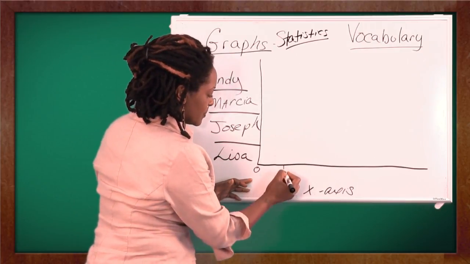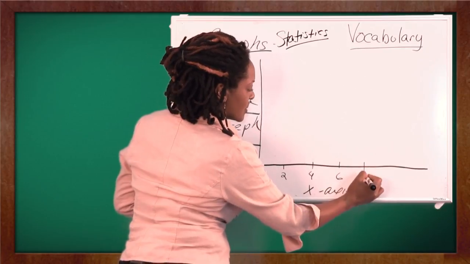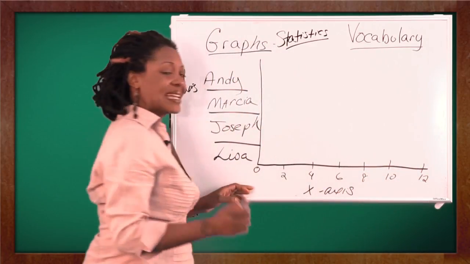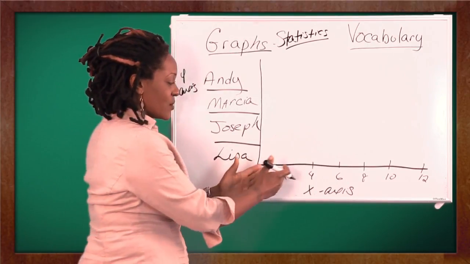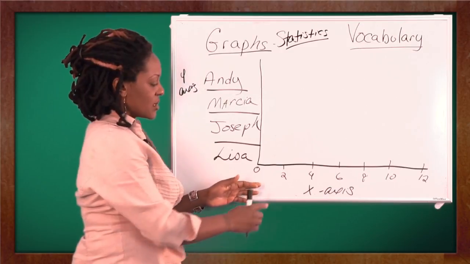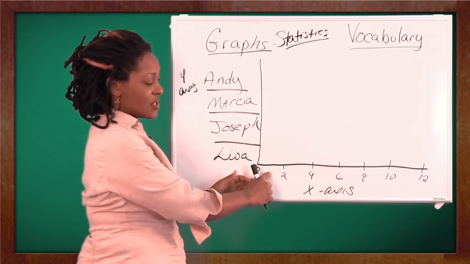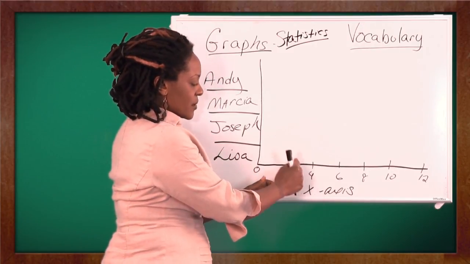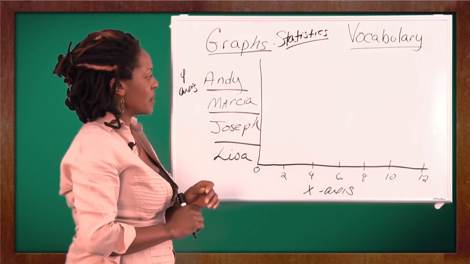Here's 0, 2, 4, 6, 8, 10, and 12. Again, you have to evaluate what numbers and what intervals these numbers are plotted in. So here again, we're going by 2s. I don't have the 1 there, but you can imagine it's there within this space from 0 to 2. And 2 to 4, 3 in there, 4 to 6, a 5 in there. So just keep that in mind.